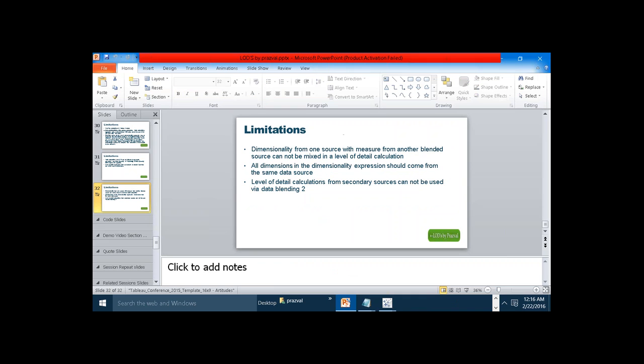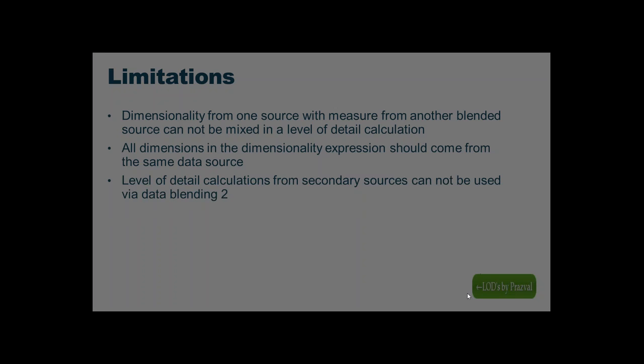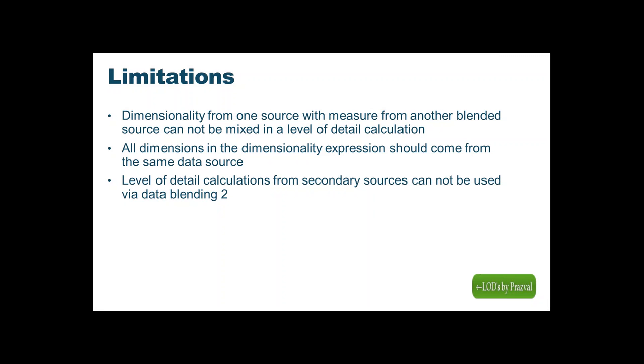And while performing blending, if you take a dimension from one source and the measure from the other source, then the level of detail calculation will be invalid. All the dimensions in the dimensionality should come from the same data source, and even the measures cannot be used from the secondary source.